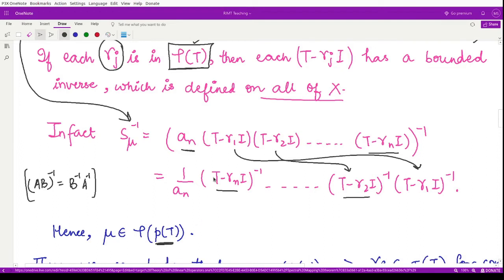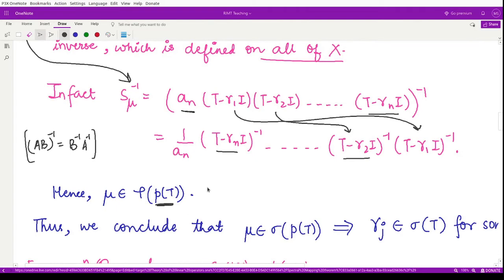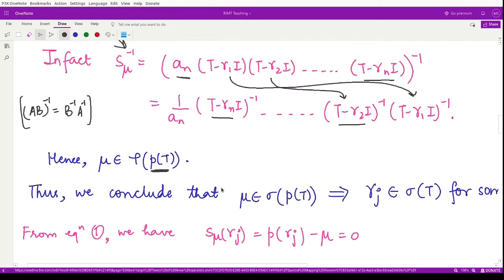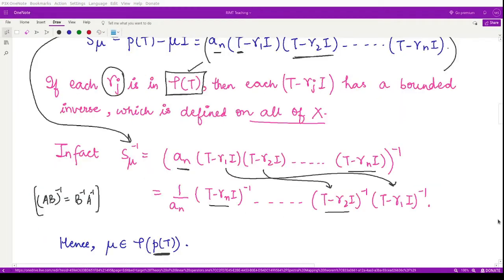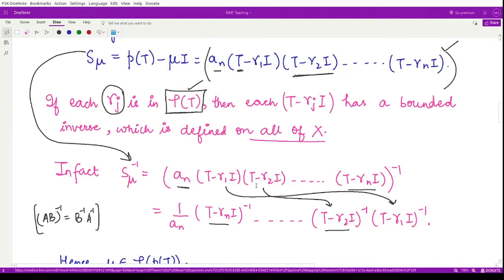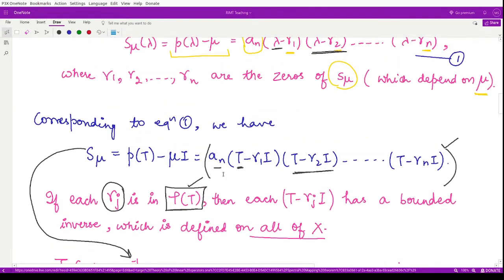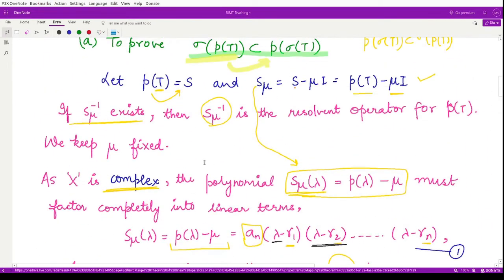Why is this so? Because we have considered here the polynomial p of t, for the operator t. If this belongs to the resolvent set of p of t, that means, so we saw that when S mu inverse exists, this was our condition. This is the assumption that we had considered.